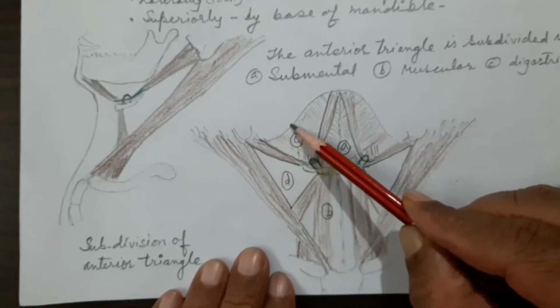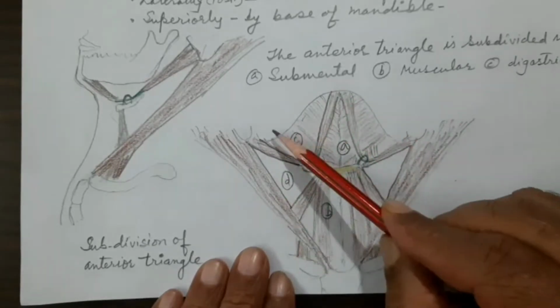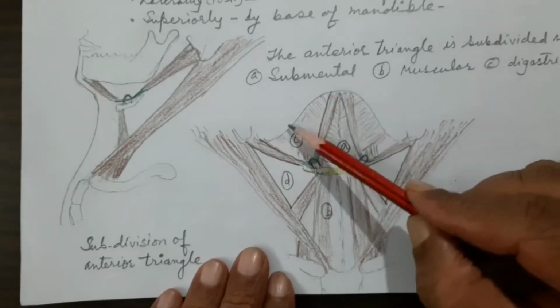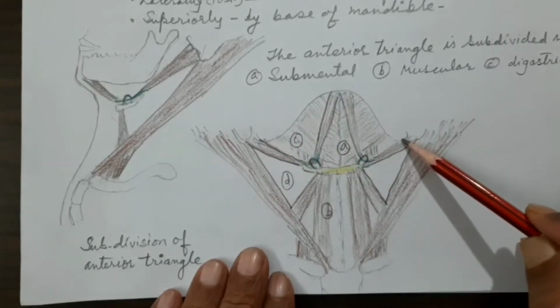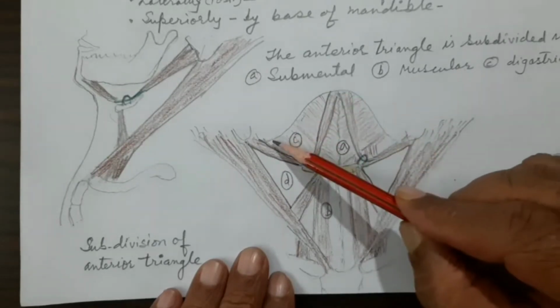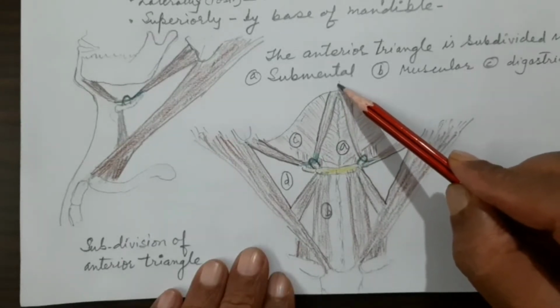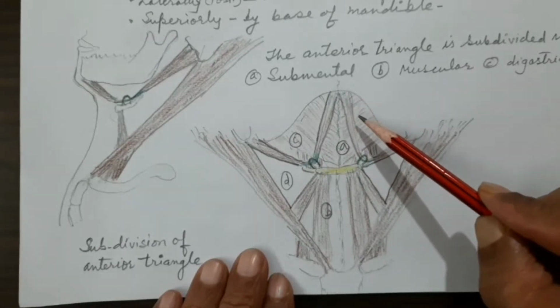This is the ramus of the mandible. This is the base of the mandible, that means the body of the mandible. Here it becomes the angle of the mandible. We are seeing it from below. This is the symphysis menti of the mandible.